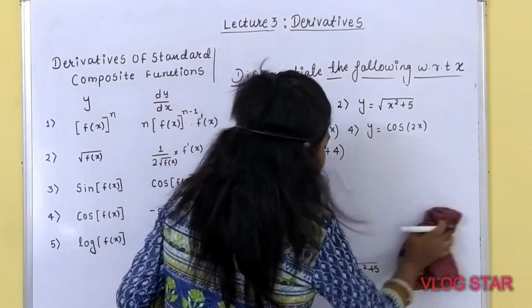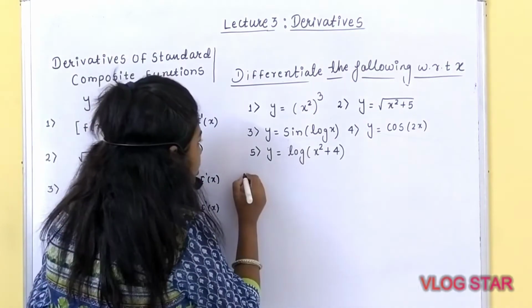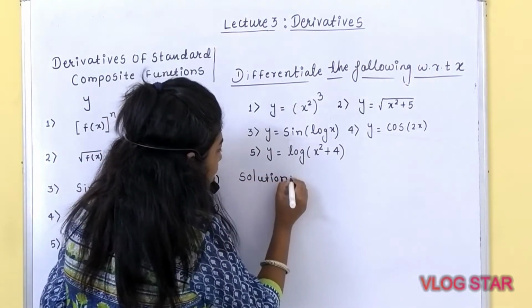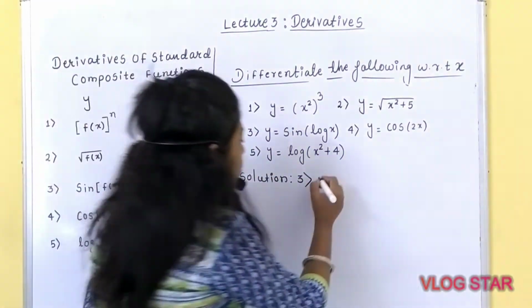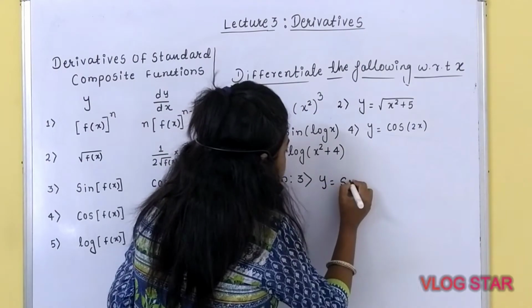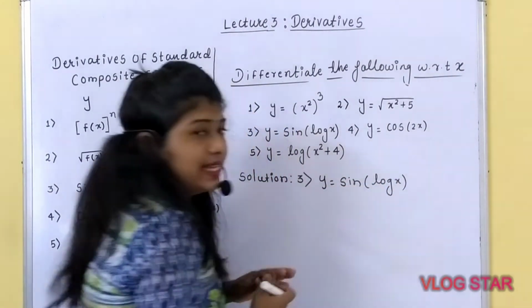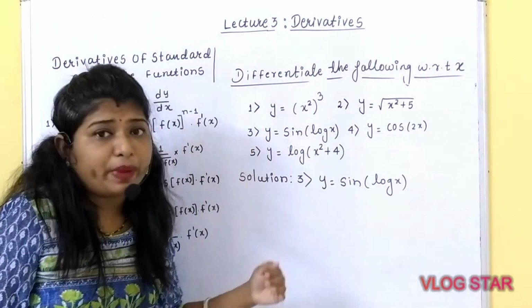Coming to the third part, that is the solution for the third question. What is given? We need to calculate the derivative of the given function with respect to x. Okay, so y is equal to sine of log x. As I said, we need to find the derivative of this particular function with respect to x.